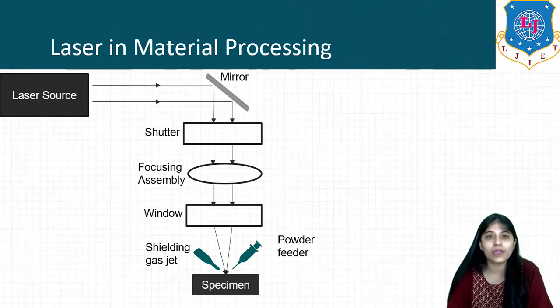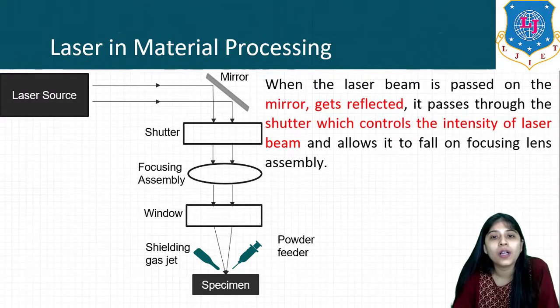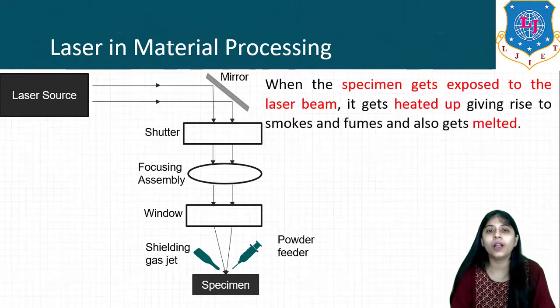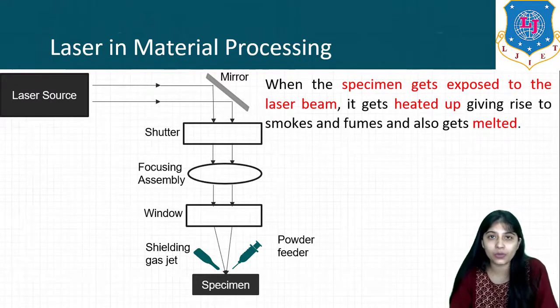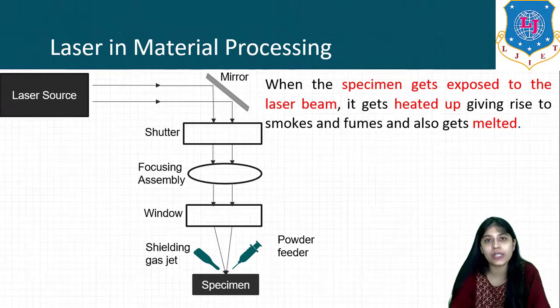So now let us see what happens. First of all, when the laser beam is passed onto the mirror, it gets reflected and it passes through the shutter, which controls the intensity of the laser beam, and it allows it to fall on the focusing lens assembly. Then when it passes through the focusing assembly from the window to the specimen, it is focused at a particular point where it is supposed to be focused, so that various applications such as drilling or welding or surface modification can be done.